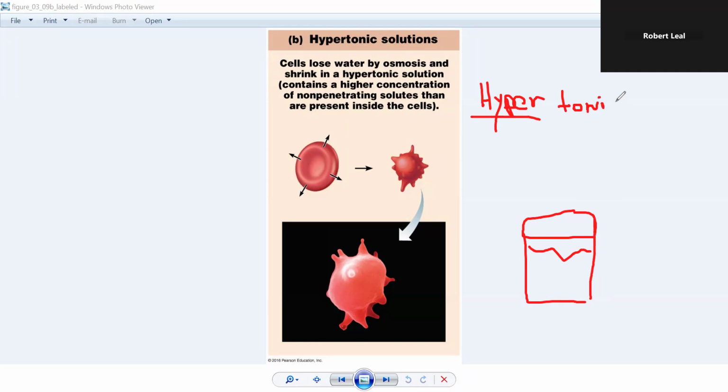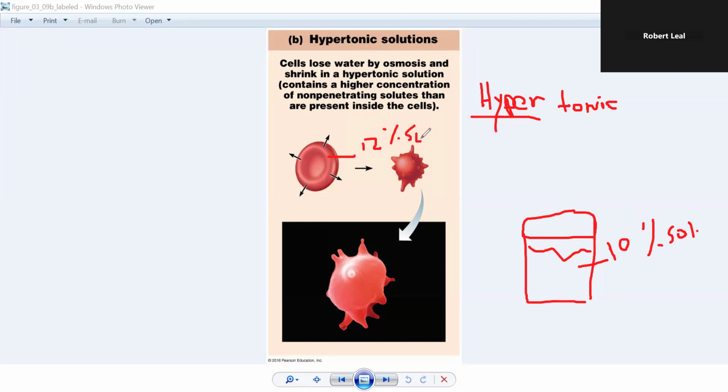So this solution that I draw in the beaker, let's say it's hypertonic. Let's say it has 10% salts. That's a lot higher than 0.2% solutes in the cell. So 10% solutes, I know I said salts, same pretty much. And then in the cell, it's 0.2% solutes.